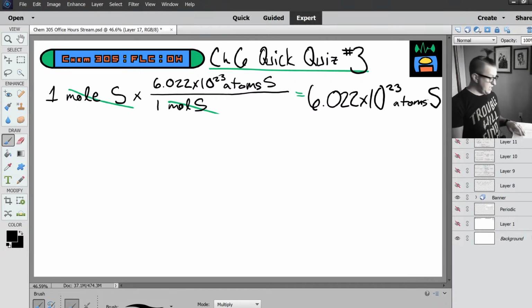All right, now they say that it contains twice as many atoms as 1/2 mole of oxygen atoms. Well, 1/2 mole is 0.5, right?